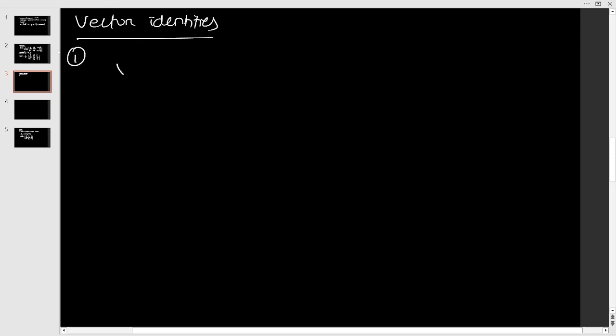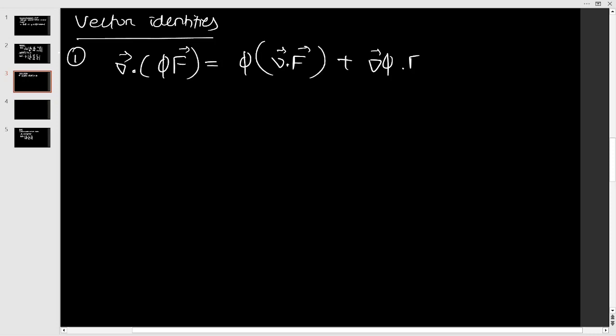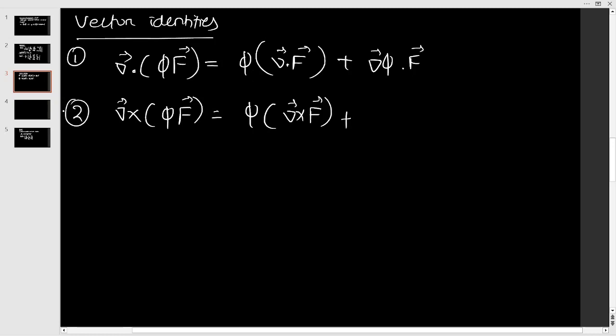First, you have divergence of phi times a vector, where phi is a scalar: phi divergence of F plus grad phi dot F vector. Second, we have curl of phi times a vector: phi curl of F plus grad phi cross F vector.